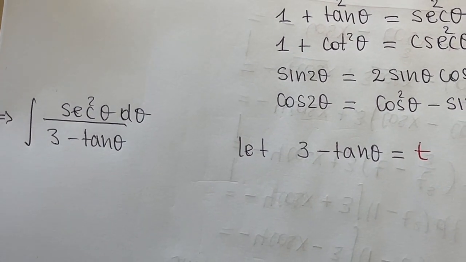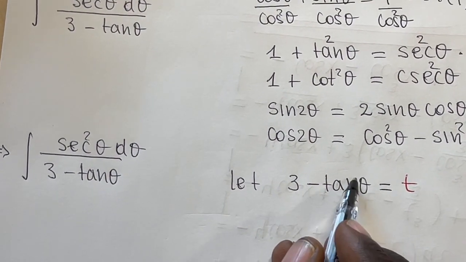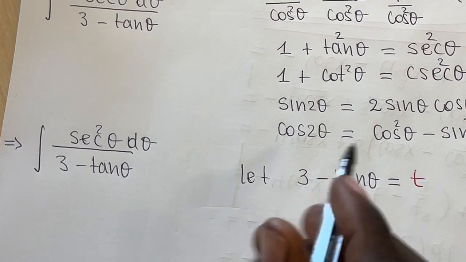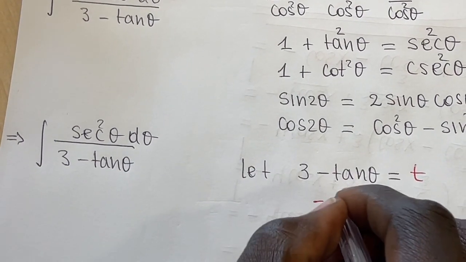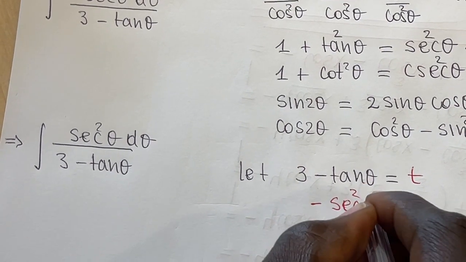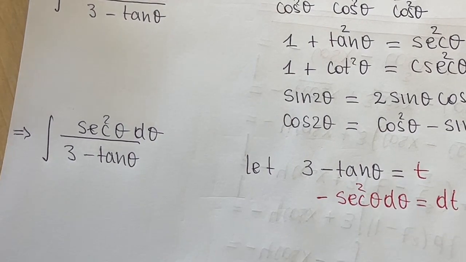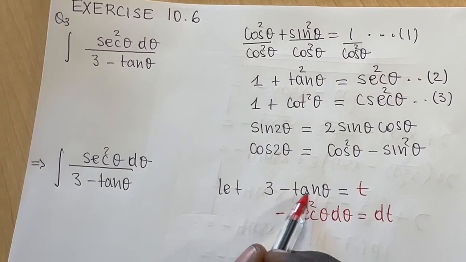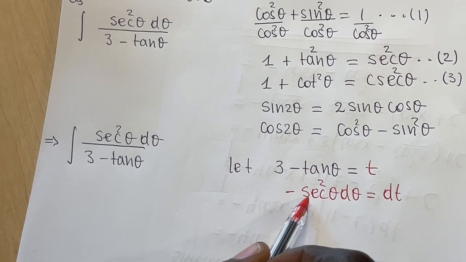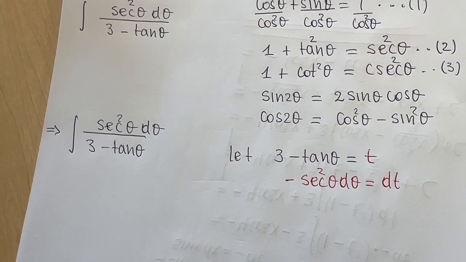And then the derivative of 3 with respect to theta is 0, and the derivative of tan theta is minus sec squared theta d theta, and here we just have dt. But guys, remember, the derivative of tan theta is only sec squared theta, but since we have a negative in the expression, that's why we repeat the negative.